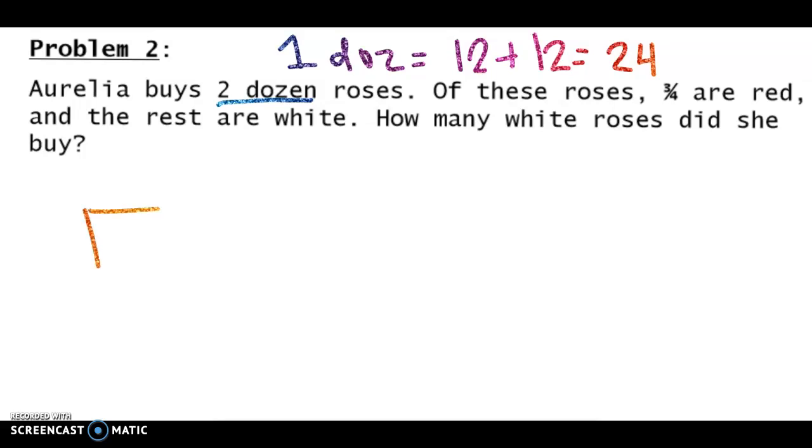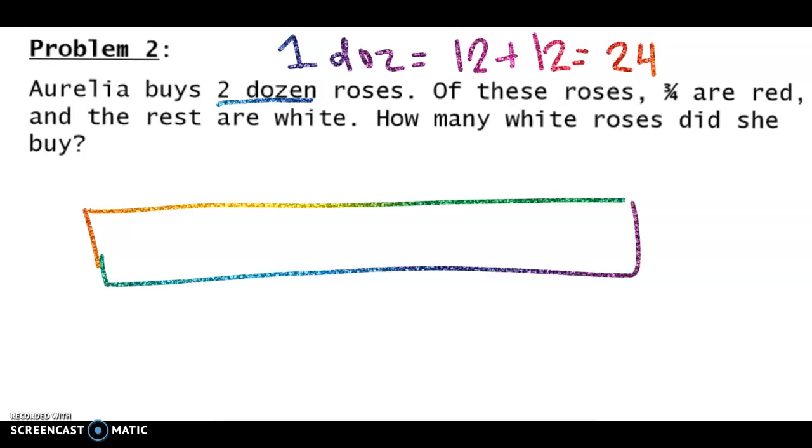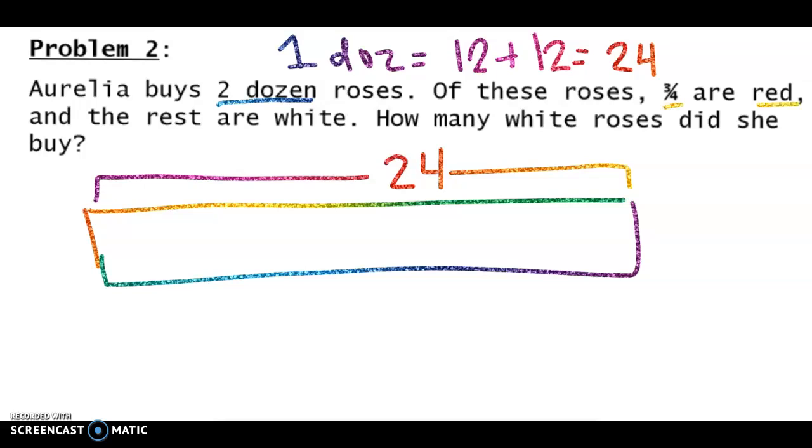So we're going to draw our tape diagram, as is our lesson objective. And we do know the total, so we're going to write 24 as the total. It continues to say, of these roses, 3/4 are red. Now, I know that the author of this problem is dividing this total 24 into 4 equal parts, because it tells us 3/4 are red.